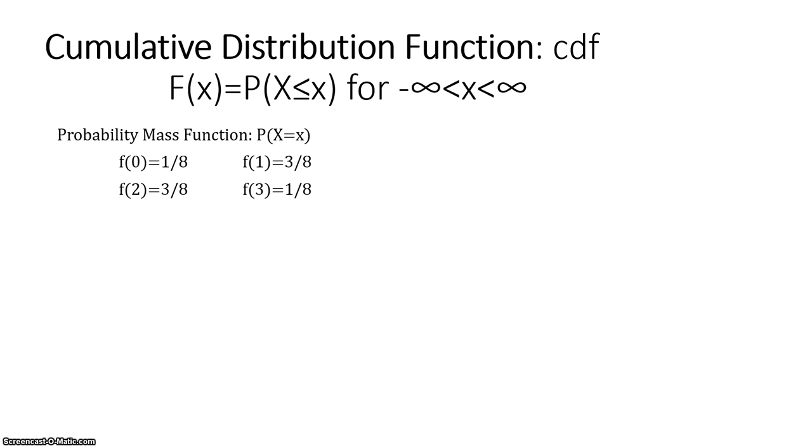Coming back to our example, we know that there is positive probability associated only with the values 0, 1, 2, and 3, and that everywhere else f of x is 0. So big F of x, or CDF, is going to be 0 for all values until we get to x equals 0.